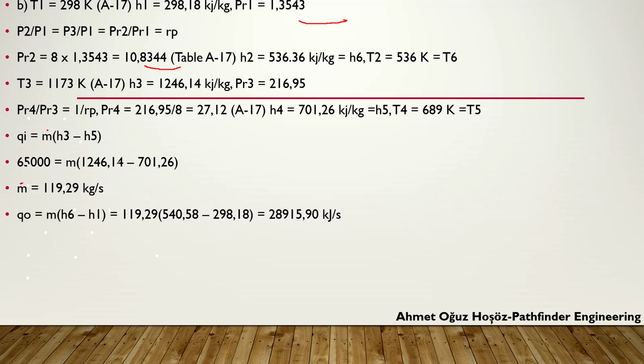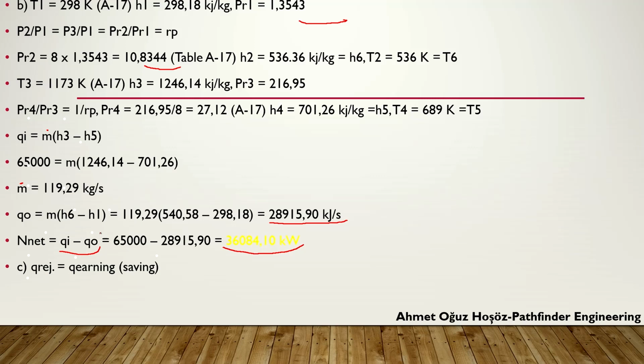119.29 kilogram per second. So our Qout value is m times (h6 minus h1), which is equal to 28,915.90 kilojoule per second. So our net power is Qin minus Qout, which equals 36,084.10 kilowatts.